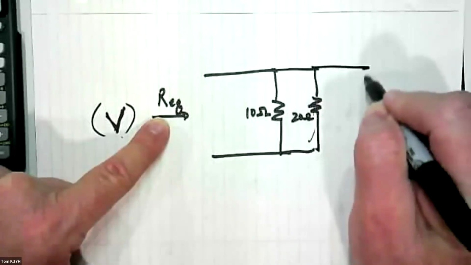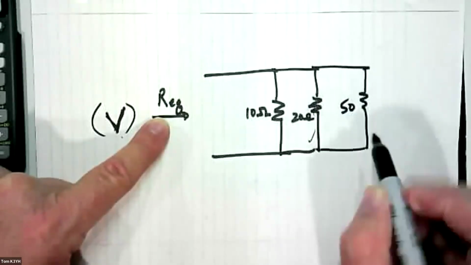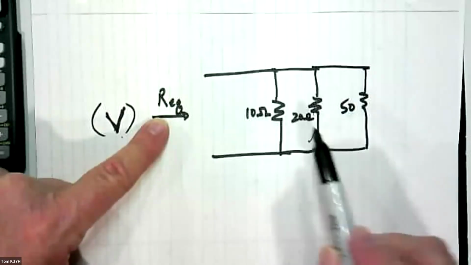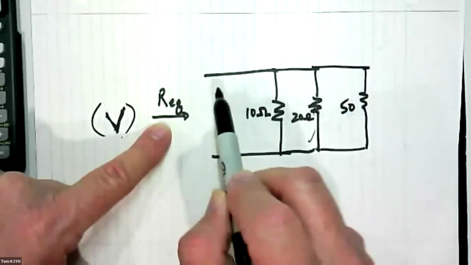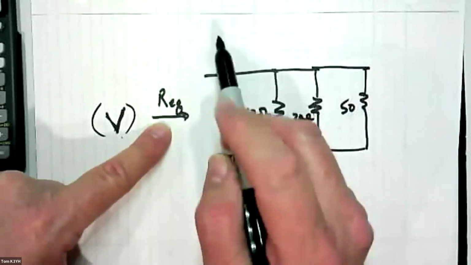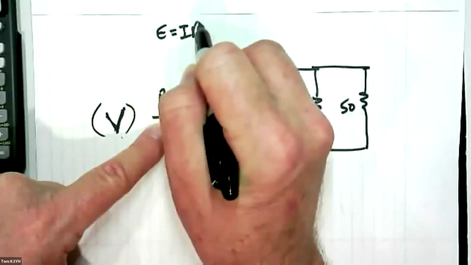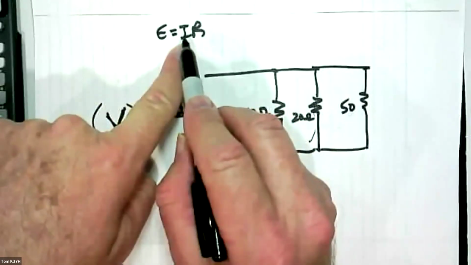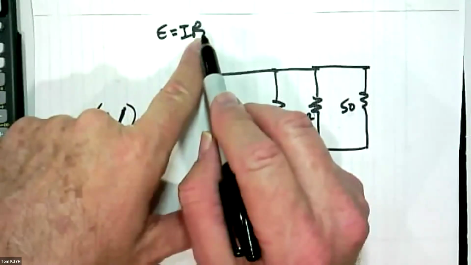And if I add yet another leg, and in this case that one's 50 ohms, I'm going to get yet more current going through this thing. So out here where I'm looking in at the input, as the current is going up, again, E equals IR, right? So if the voltage stays constant and the current is increasing, then the equivalent resistance must be decreasing.